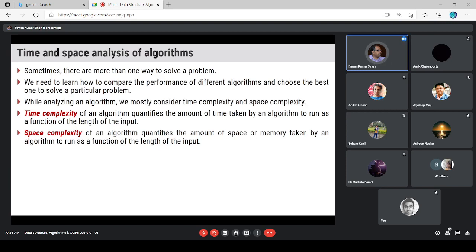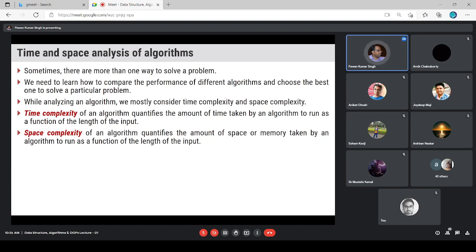Now, what is time complexity? The time complexity of an algorithm defines the amount of time taken by the algorithm to run as a function of the length of the input. From the time when you give the input till you get the output, the time taken by the algorithm defines the time complexity.